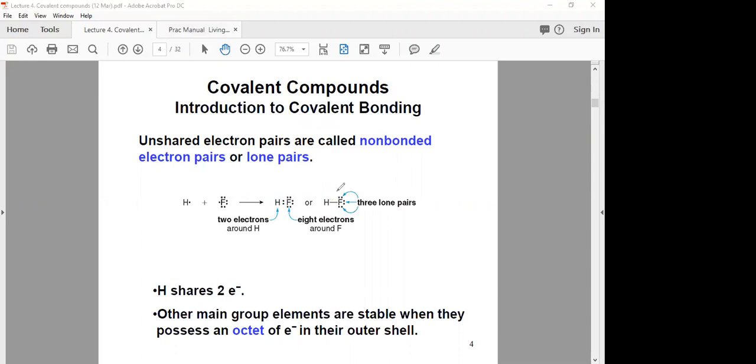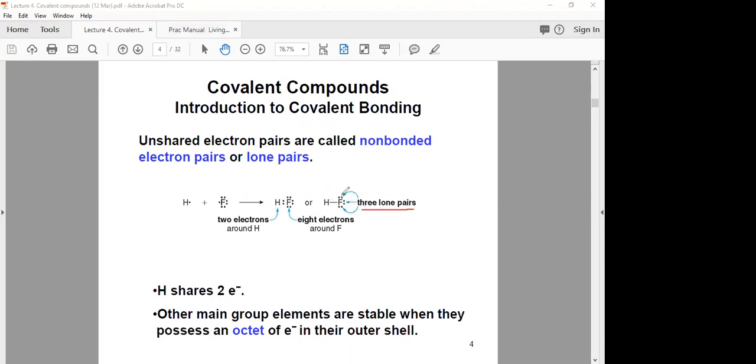Okay, let's note another important feature here. Fluorine, we can see 2 electrons up here that don't participate in any bonding, well, not in this case anyway. Another 2 electrons there and 2 at the bottom. So what we have here are lone pairs. We call them lone pairs because they're not currently participating in any bonding.